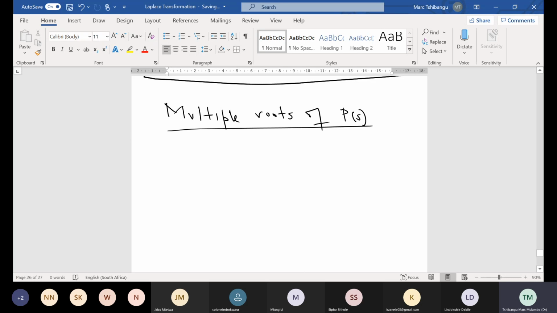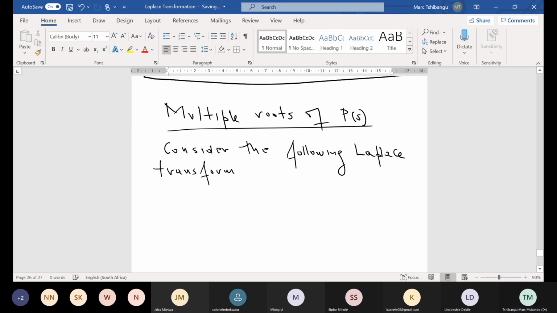So let's consider the following Laplace transform, where Y of s is equal to 1 over s plus 1 cubed into s plus 2.